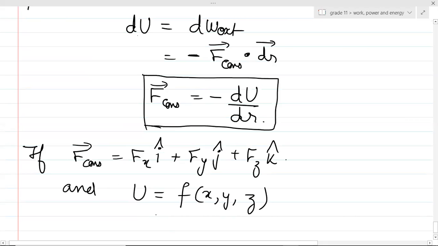Potential energy is given as a function of x comma y comma z. Then can you see x comma y comma z?